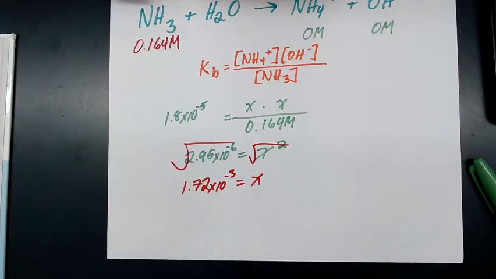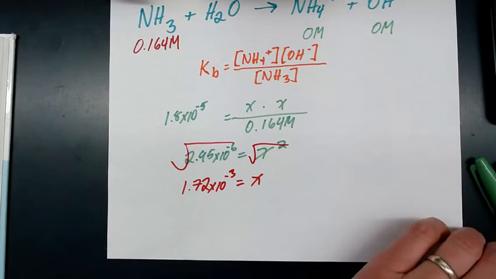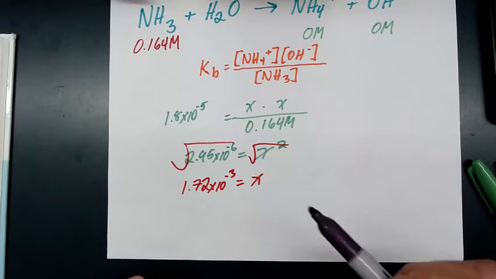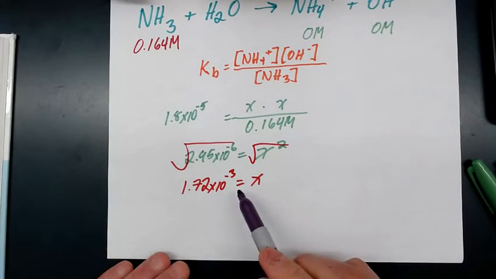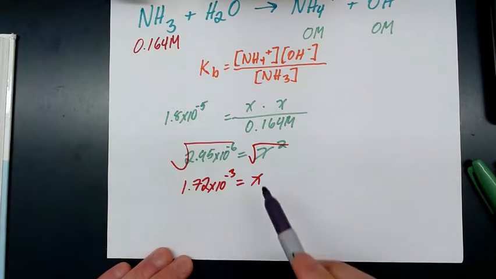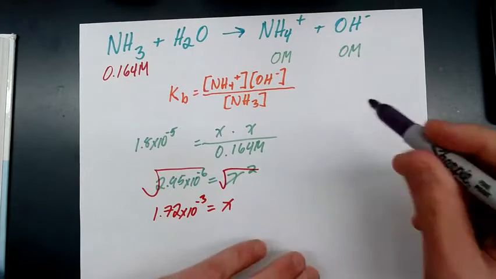So maybe a little check would be good here. What would a little check look like? Well, do these two x's, when you divide by your concentration of your ammonia, get to your 1.8?